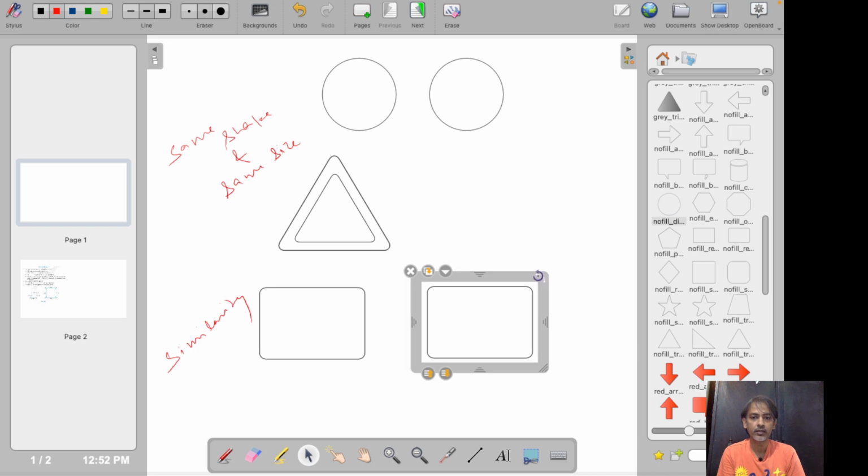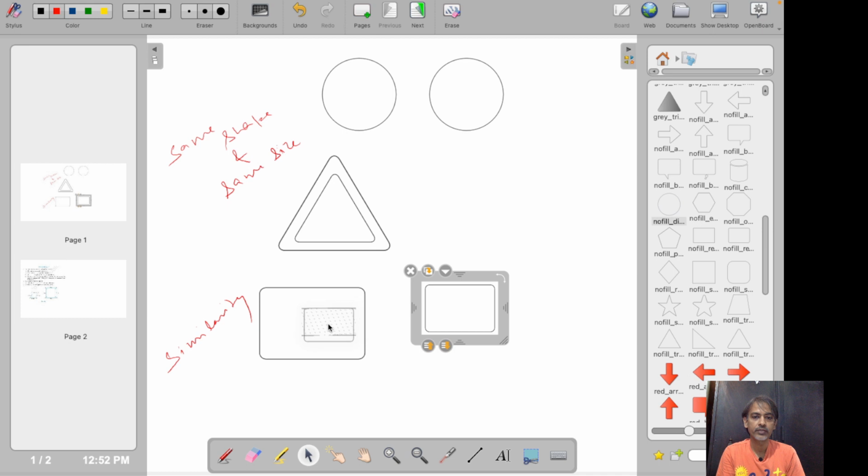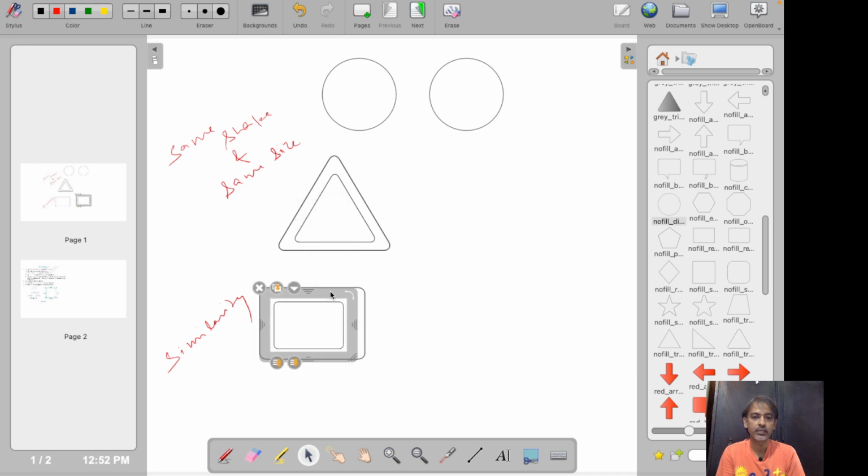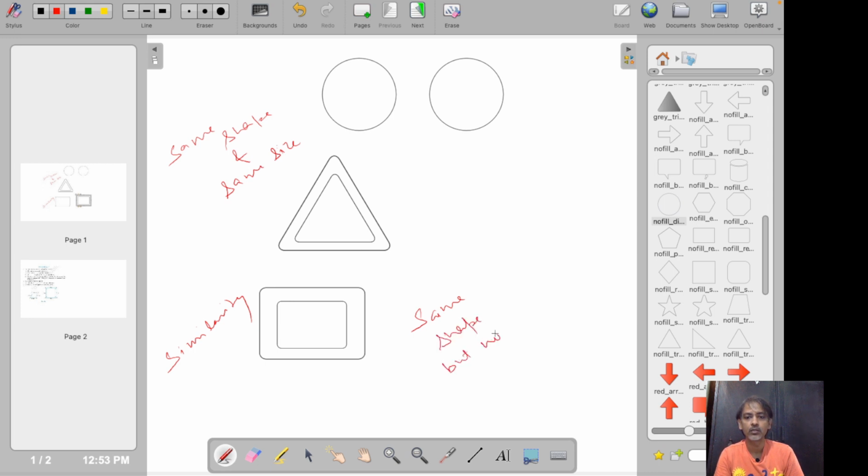Similarly, you can make it a little smaller like this, and then again try to bring it inside and see that again these two figures are similar because they are the same shape but not the same size. So similarity is same shape but not same size.